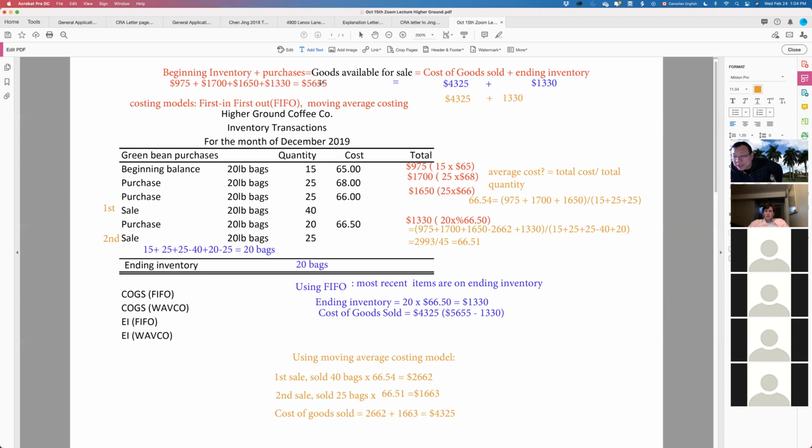The financial statements have to disclose the accounting policy you are using. So in the note disclosure, they have to let the user know whether they are using FIFO or average, whichever method they are using. Okay, thank you. Good question.